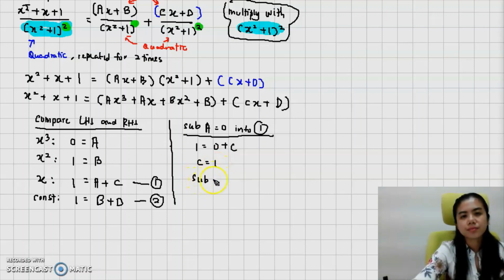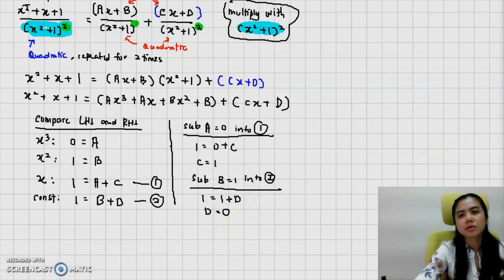And sub your value of b into the equation number 2. So we have b equal to 1. Sub it into the equation number 2. So we will have 1 equal to 1 plus d. So d is basically 0.